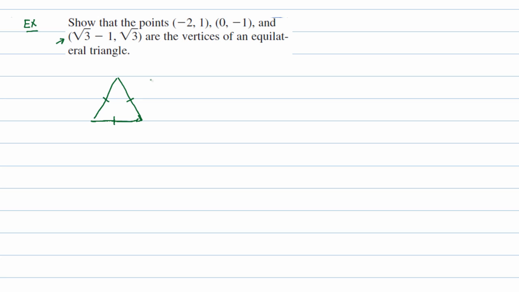So if I can show that all the sides have the same length, then it must be an equilateral triangle. How are we going to do this? Since these are the vertices, the points that make up the triangle, we can find the distance between those points. As long as those distances are the same, then we know this must be equilateral.